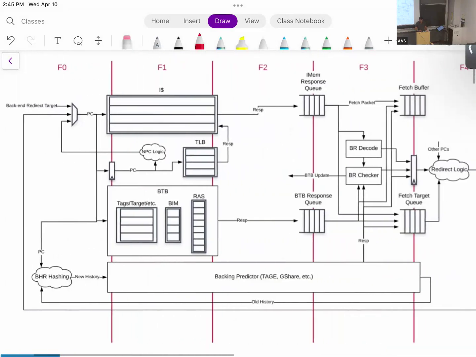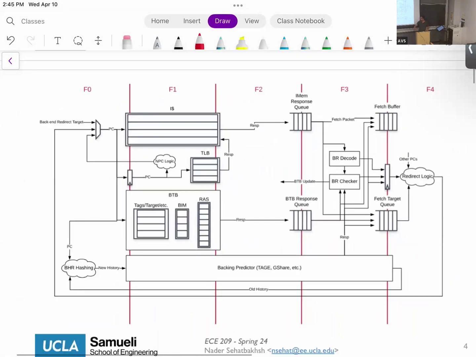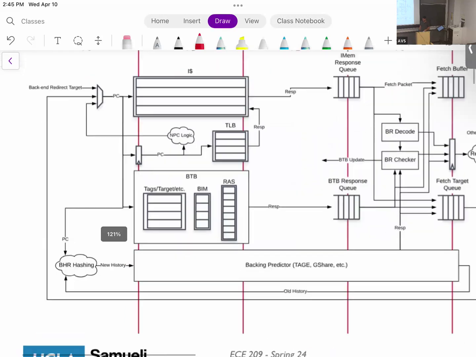Again, if you remember, I showed you this more detailed pipeline structure for the fetch unit. And as you can see, at the end of cycle 0, this is when we feed the PC into our branch predictor. There are 2 branch predictors that we like using.